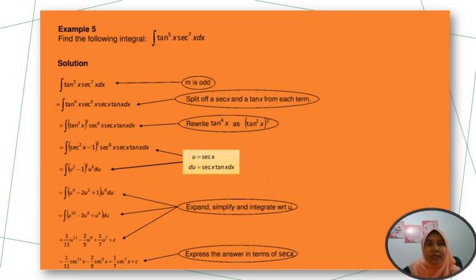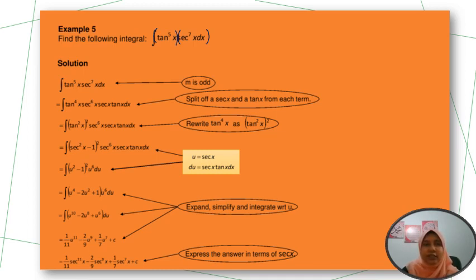Okay, let's look at example 5. Find the following integral: tangent x power of 5 times secant x power of 7 with respect to dx. In this case, we know that the power of tangent x is an odd number.